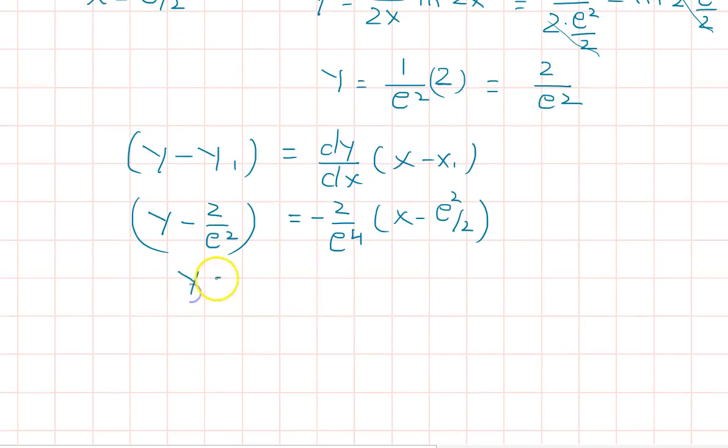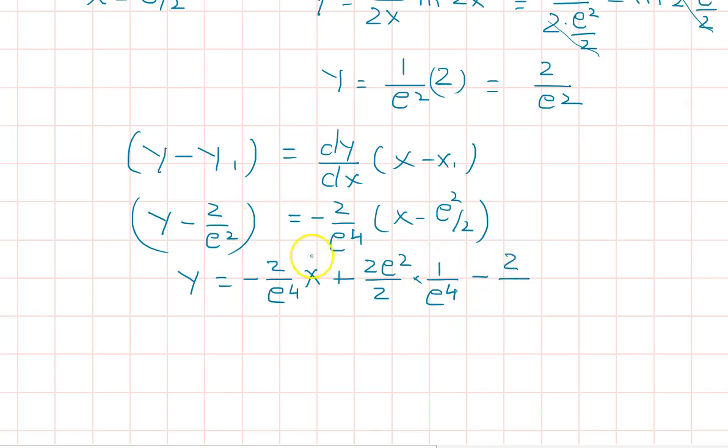So y is equal to, let's multiply this, minus 2 over e to the power 4 x plus 2e square over 2 times 1 over e to the power 4, then minus, this will become plus 2 over e square.